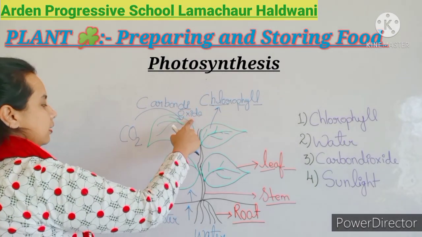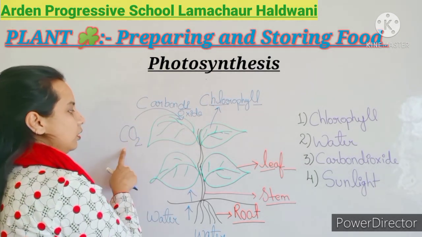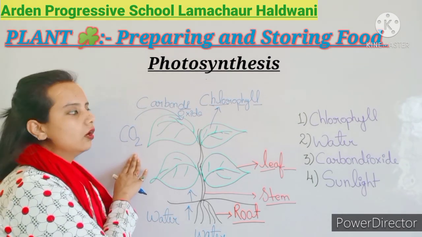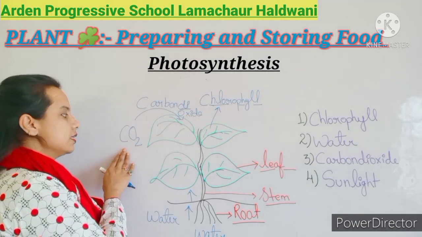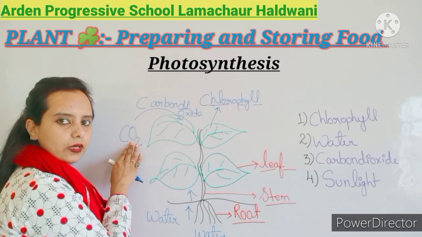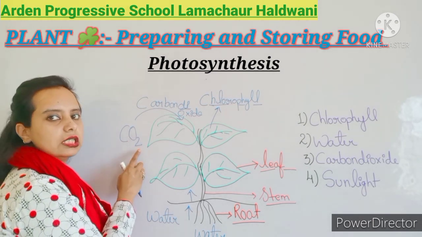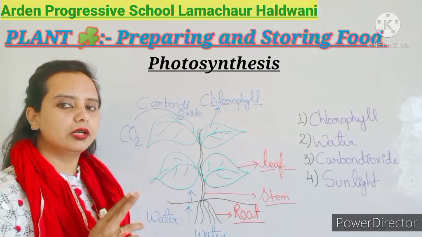So here are the 2 molecules of oxygen and 1 molecule of carbon. So this is the chemical formula of carbon dioxide. It is written as capital letter C and capital letter O, and at the bottom we write 2 to indicate that there are 2 molecules of oxygen in carbon dioxide gas.